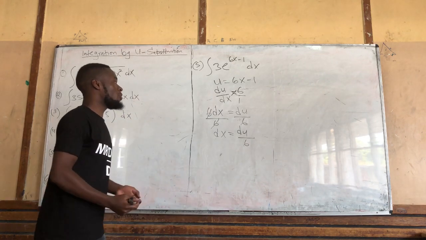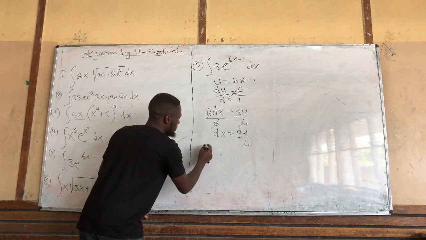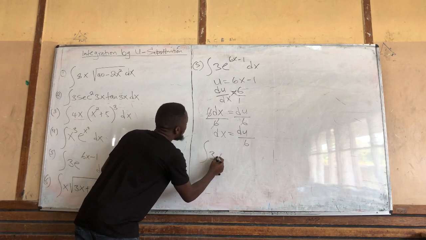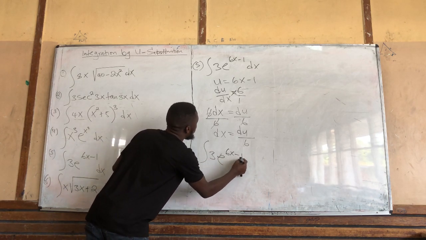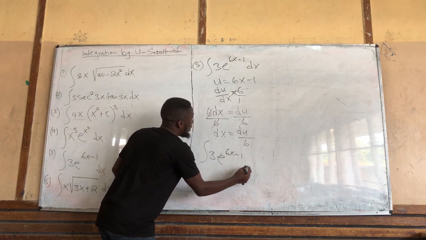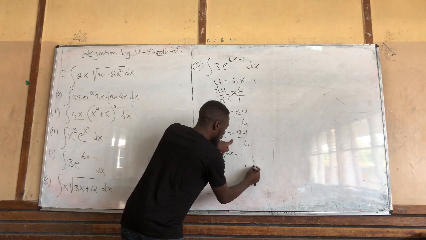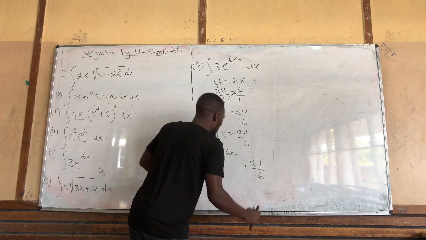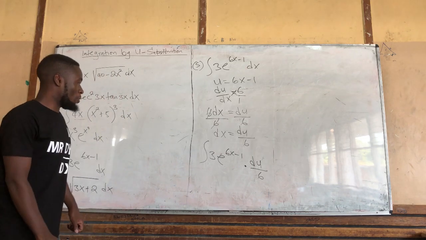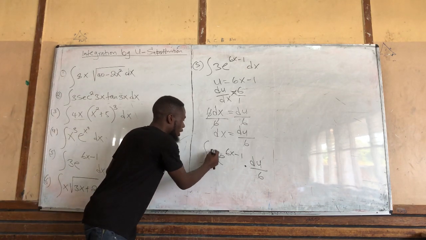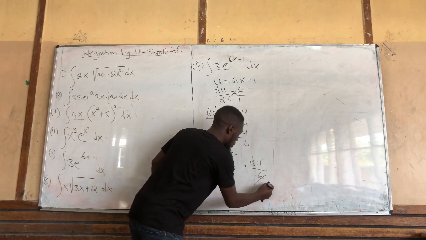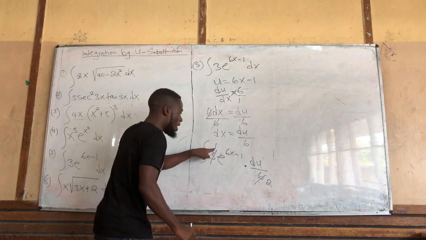So now it's just a matter of replacing there. The integral of 3e to the power 6x minus 1 multiplied by dx, where dx equals du over 6 here. Okay, good. So 3 here, and 6 here, so it becomes 1 over 2.